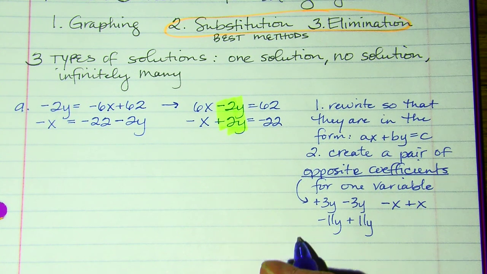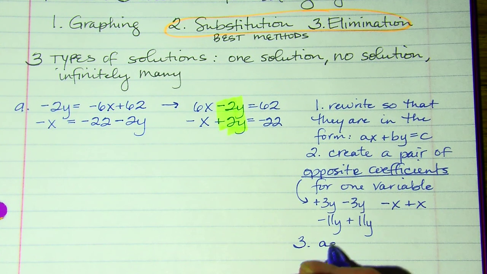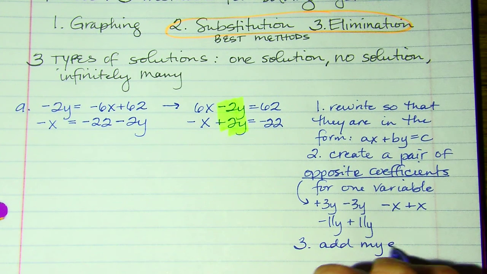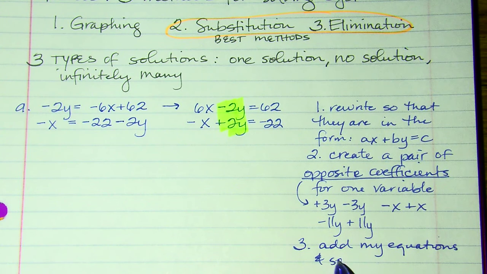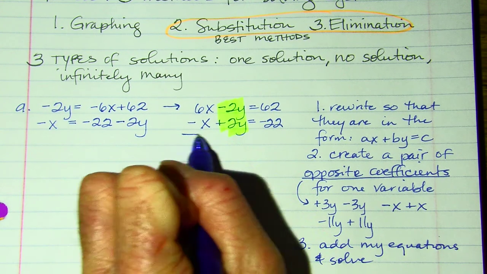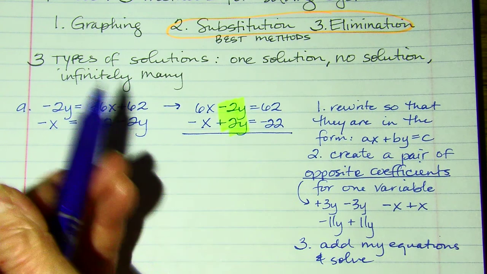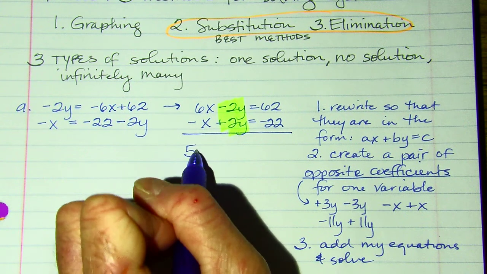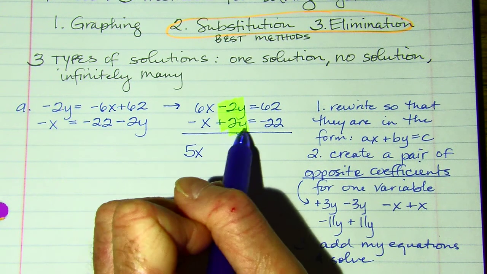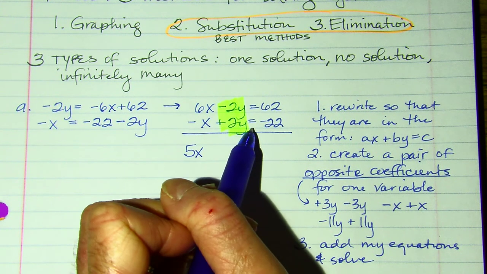So step three is I'm simply going to add my equations and solve. So if I add these two equations together, 6x minus x is 5x. These cancel, or in other words, they eliminate.